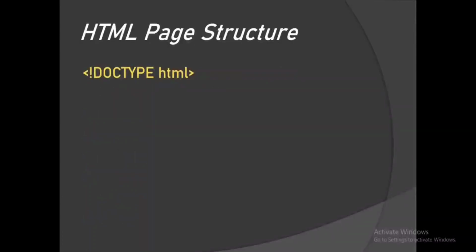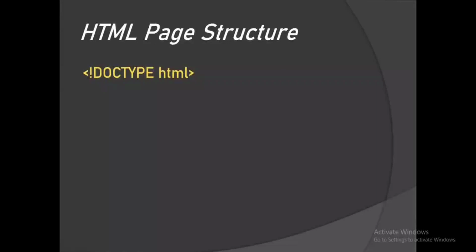So the HTML page structure: while we're writing our code, while we're trying to set up our HTML file, the HTML page comes with a structure. Basically, every page you load on the web has an HTML structure, and this structure starts with this doctype. This doctype basically means that we are loading an HTML5 document.